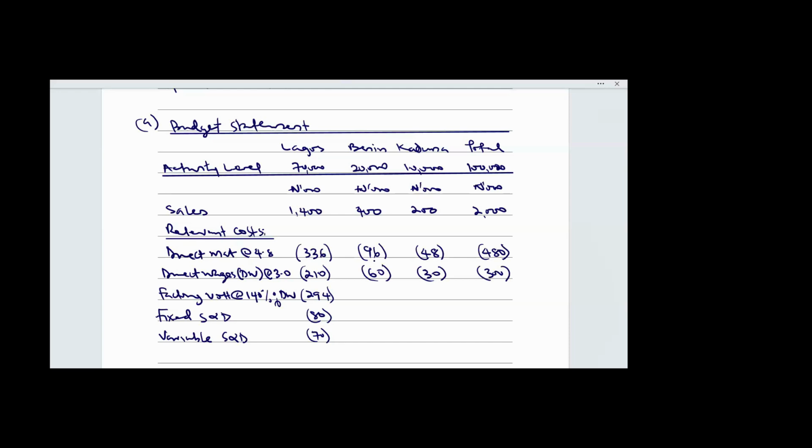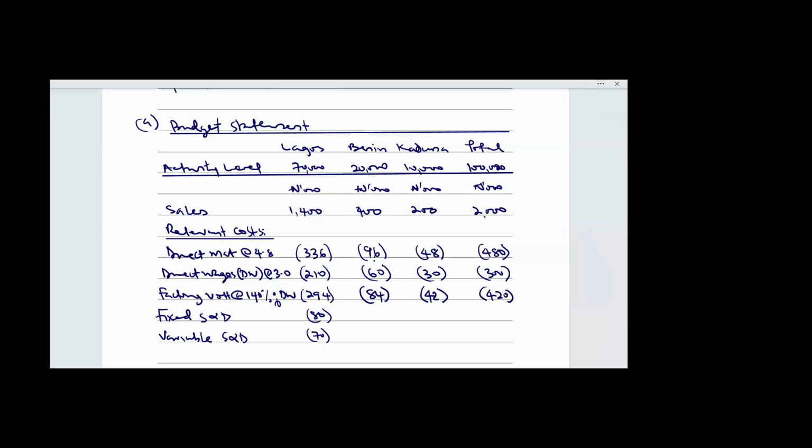Then 1.4 of 60 is what? 140% of 60. 84. 1.4 of 30, 42. 1.4 of 300, 420.